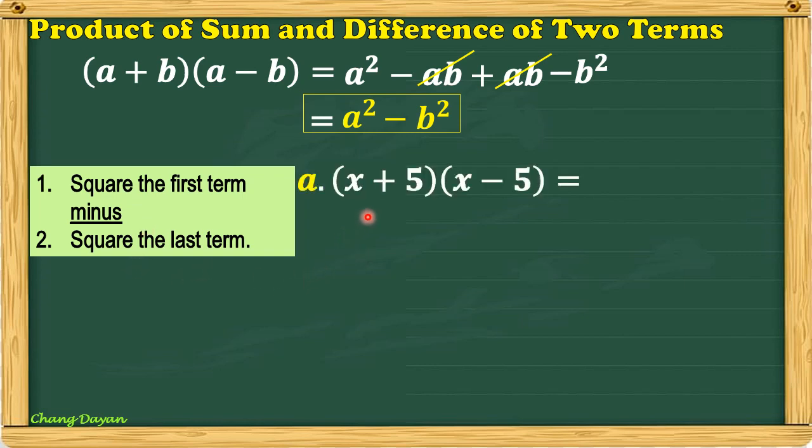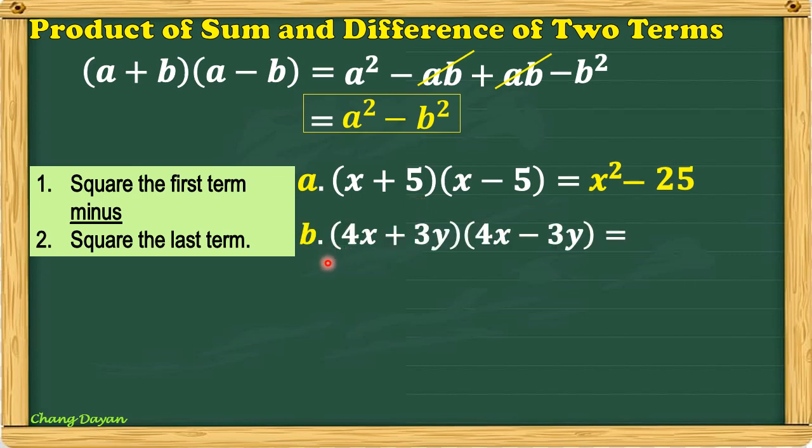Given x plus 5 multiplied by x minus 5. Again, square the first term. That is x squared, minus square the last term. 5 times 5, that is 25. So our answer for letter A is x squared minus 25.